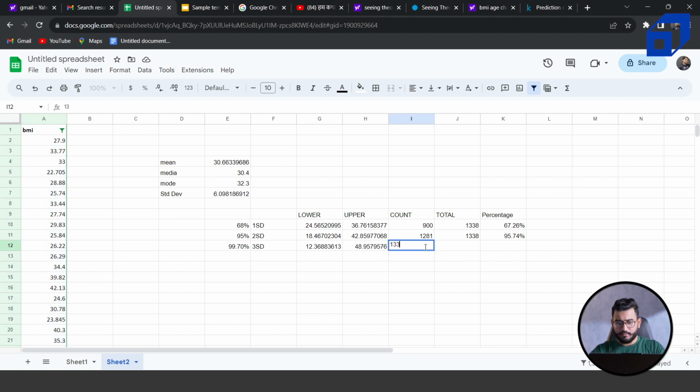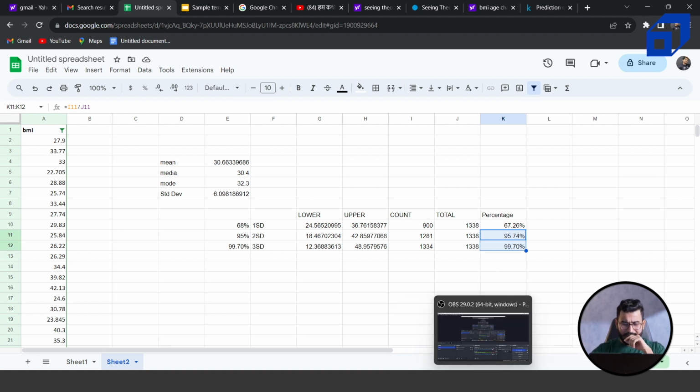I will extend this formula to the next row, and I'm getting 99.7, which is exactly the same, right? So this is the proof of these three properties: 68% of the data lies between plus minus 1 standard deviation, 95% within plus minus 2 standard deviations, and 99.7% within plus minus 3 standard deviations.